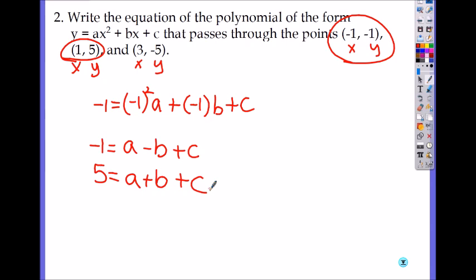This is actually easier than what we've been doing because c will always be just by itself, right? What about the last one? y is -5 equals 3 squared times a is 9a, plus 3 times b, 3b, plus c again.